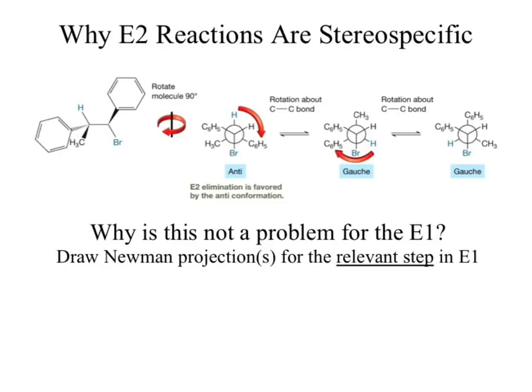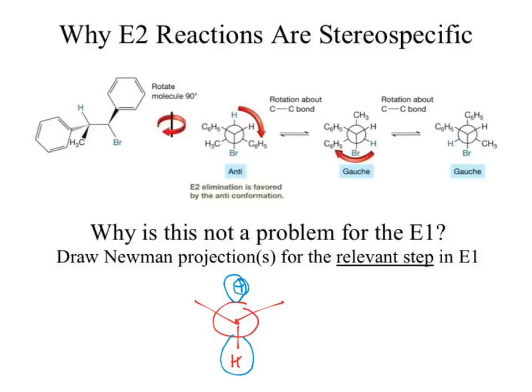So there are some nice pictures. You can see some rotations and all that fun stuff. Why is it not a problem for the E1? We have the formation of a carbocation. So when we look at the comparable step in the E1, what do we have? There's our hydrogen. What do we have in the back?